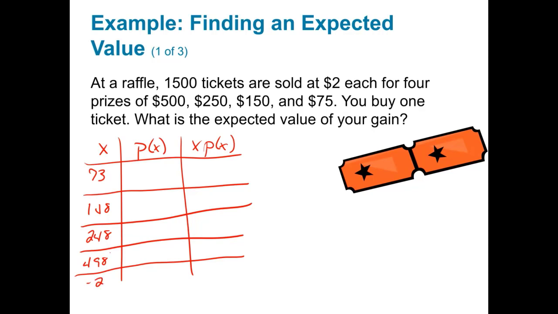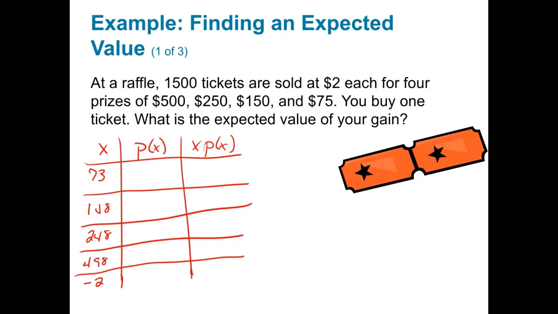You could also gain -$2. You could just lose the money that you paid in for the ticket. That's the one people like to forget about. Same idea when you go buy a scratch-off ticket. If you don't win, you forget that you had to pay the $2 for the ticket, or the $1, or the $20, whatever ticket you're buying. People tend to forget about that one.